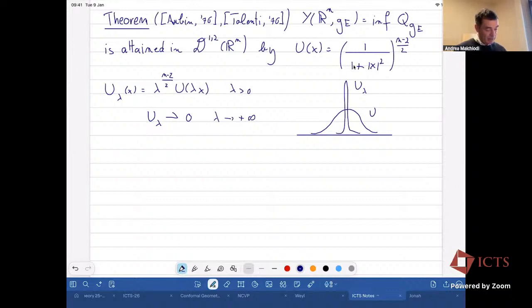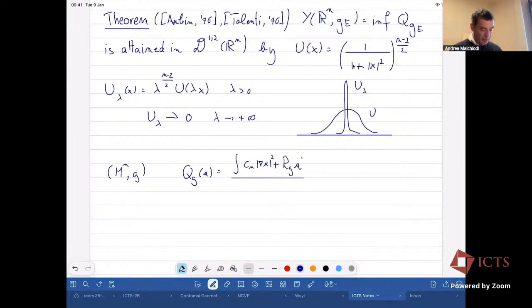So I recall that for a metric g, on a compact manifold, we defined Q_g of u as the integral of C_n gradient of u squared plus the scalar curvature times u squared dV, divided by the L^{2*} norm squared of u.